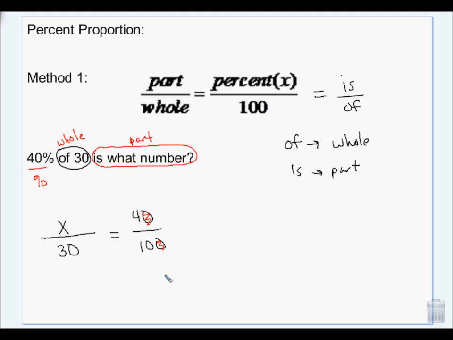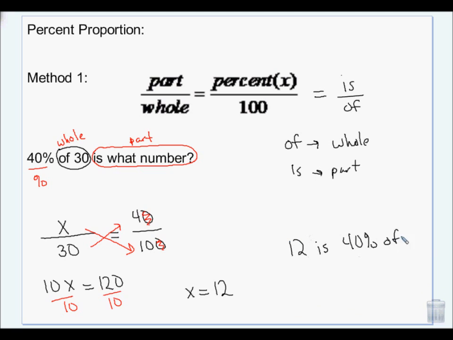If there's 2 and 2, I can take out 2 and 2. They cancel each other out. It's like dividing by 10, which means I multiply smaller numbers, which is nice. So I get 10x is equal to 120 instead of 100x is equal to 1200. Divide by 10. So x equals 12. So 12 is 40% of 30.